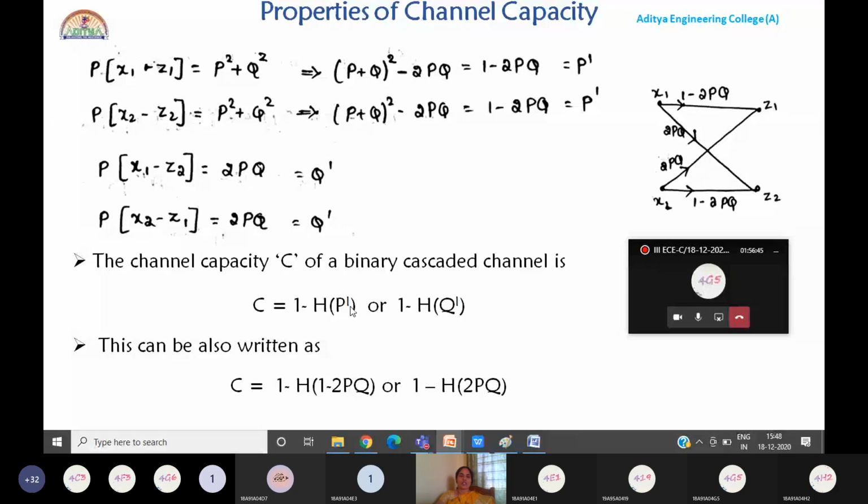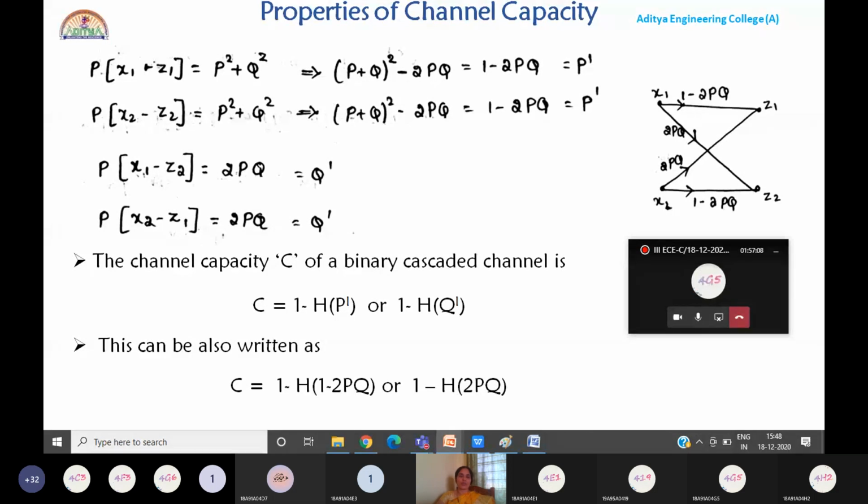This expression we represented directly using the binary symmetric channel. For a binary symmetric channel having probabilities p and q, we represented the capacity as 1 minus the entropy, minus p log p base 2 minus 1 minus p log 1 minus p base 2.